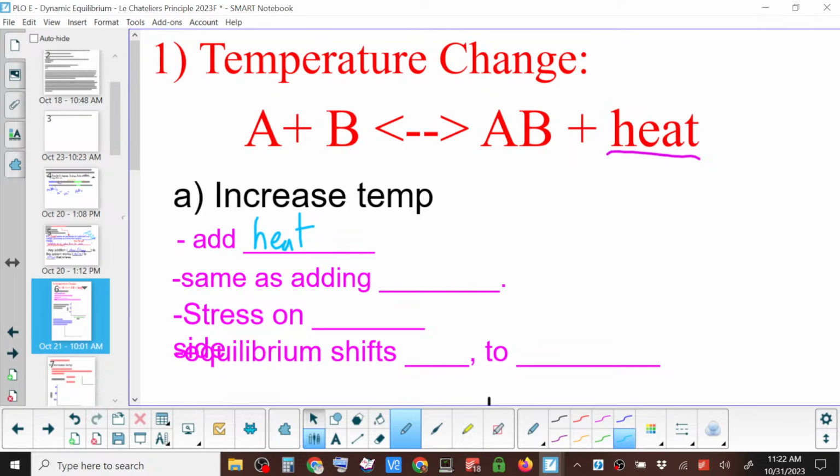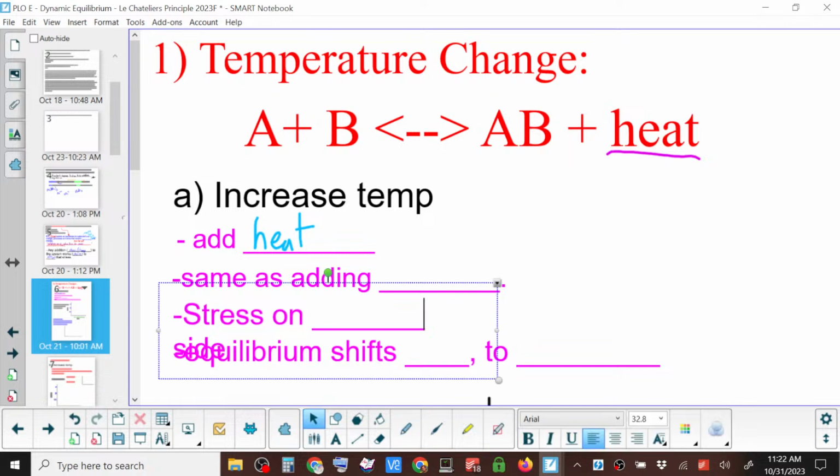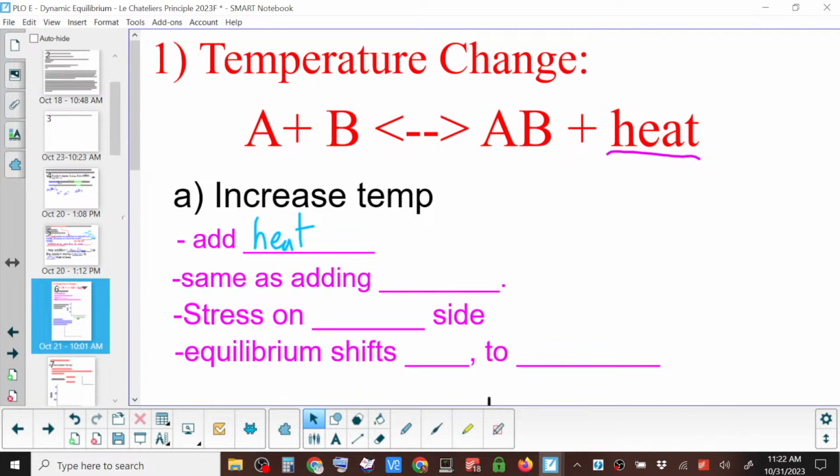This is not the same, but put an approximate sign there. It is similar to adding just more AB. You're going to get a kind of similar graph.